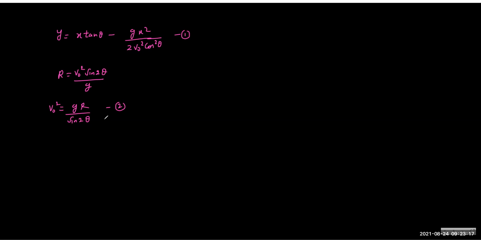Do it. Sir, x will remain in the equation. Yeah, x will remain because we want everything in terms of displacement actually. So the range is like a displacement, right?